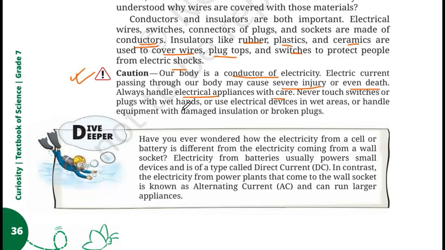Never touch switches or plugs with wet hands or use electrical devices in wet areas. Never handle equipment with damaged insulation. Never use broken plugs. Always see that the devices are complete, not damaged, the plugs are not broken, and you're not touching them with wet hands.